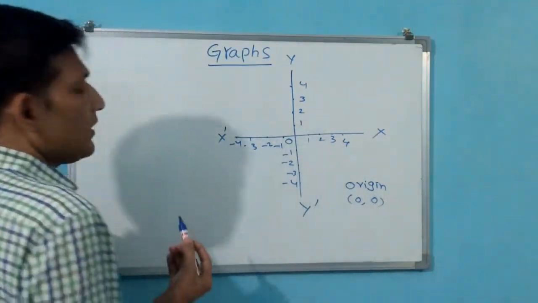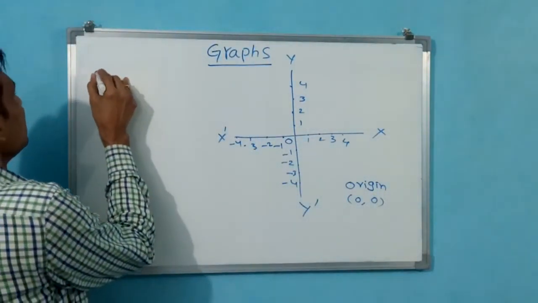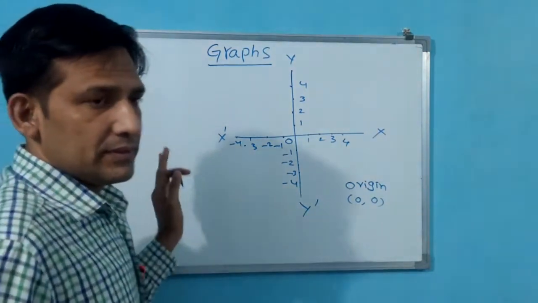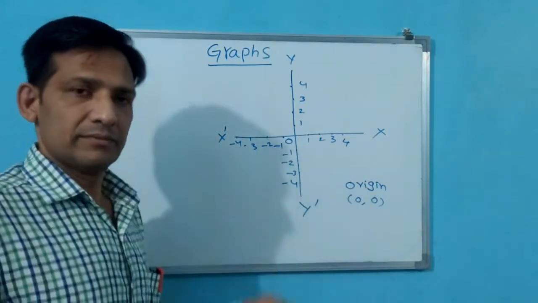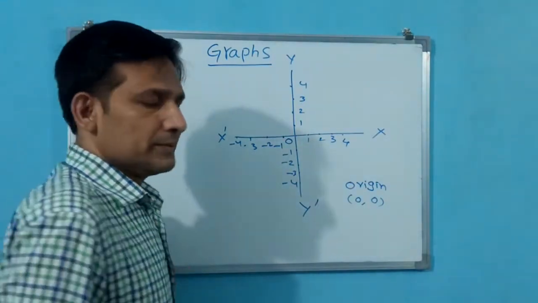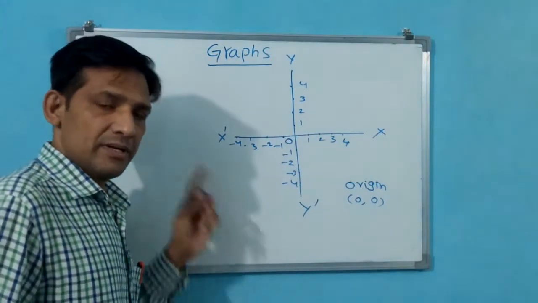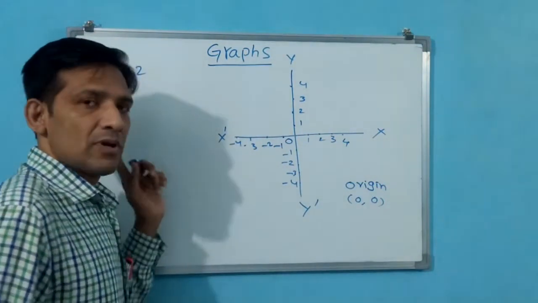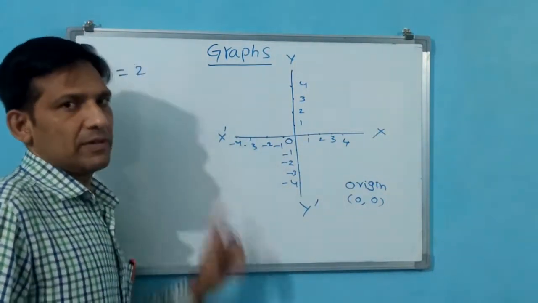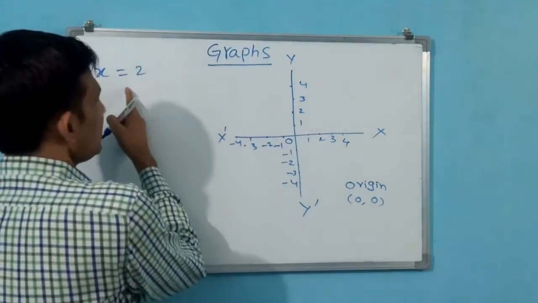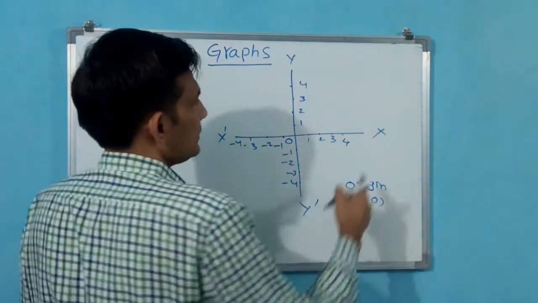Now we see x is equal to 2. This is a single variable graph, or single value graph. Why? Because here y is not mentioned, only x, but we still have to plot this graph. How do we plot it? You see, x is equal to 2.